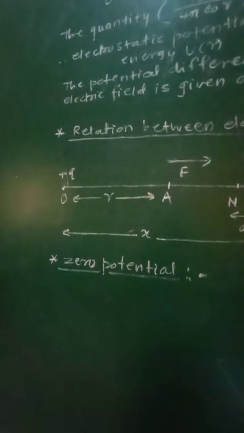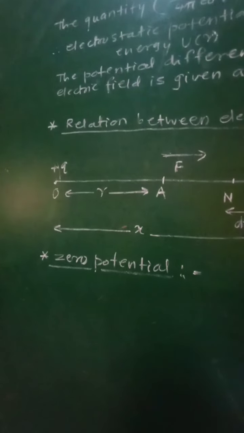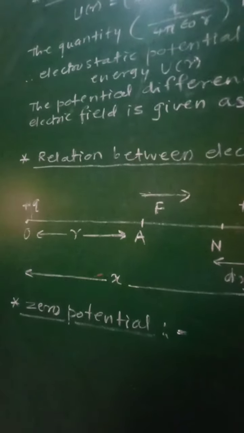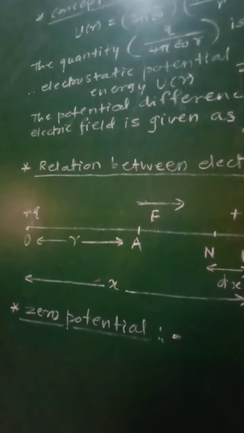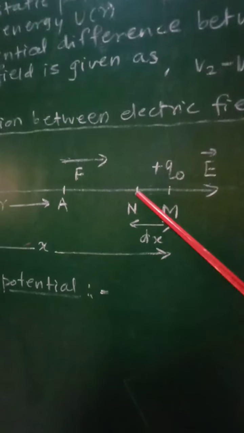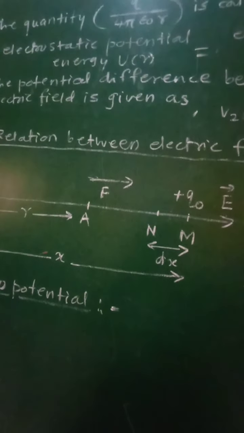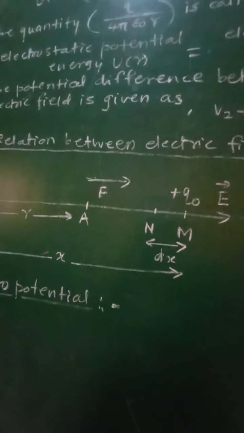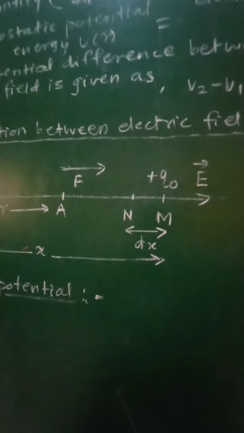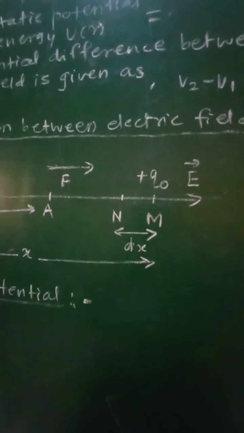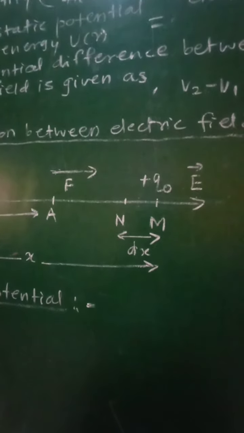Now let us consider a unit positive charge plus q0 which is initially placed at point M. Let that unit positive charge q0 be moved from point M to point N through a small distance dx. It will be displaced against the direction of electric field.